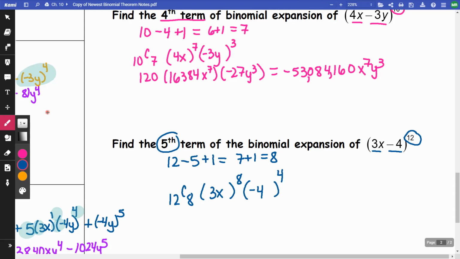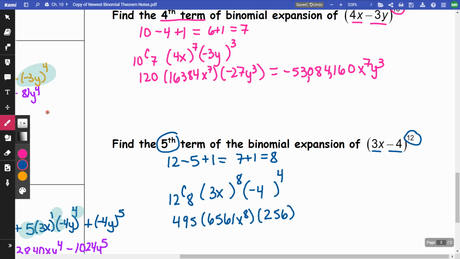So when I do 12 choose 8, I get 495. 3 to the 8th is 6,561 x to the 8th. And negative 4 to the 4th is 256, because a negative to an even power is going to be a positive.